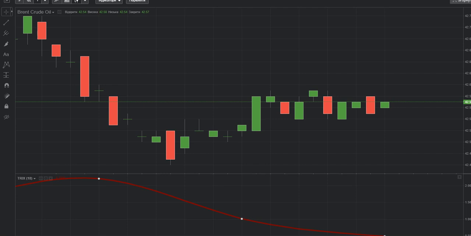When the oscillator forms a fresh low but price does not, or when the price forms a high but the oscillator does not, it can indicate a possible divergence and signal a correction. Using this knowledge, you can apply the price rate of change and look for divergence with the price.